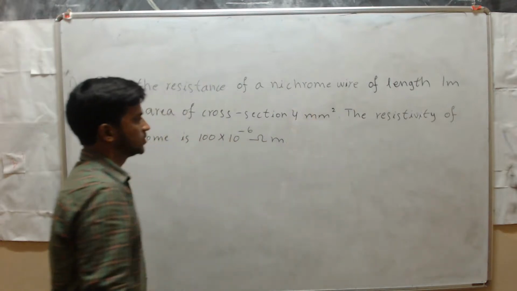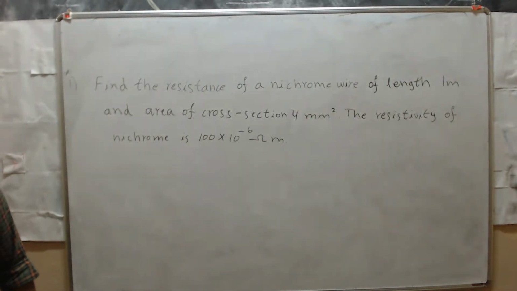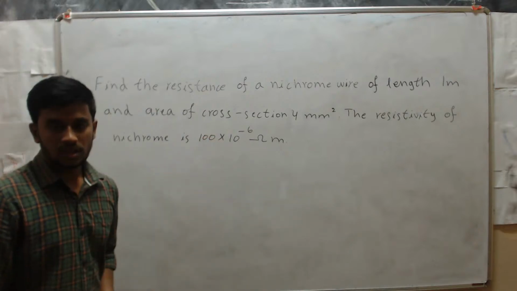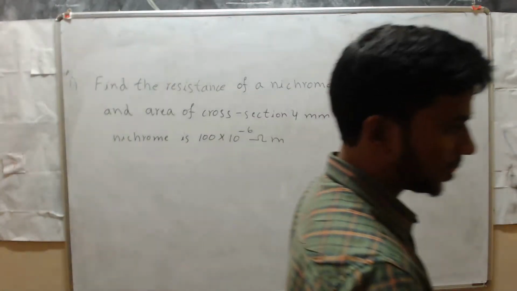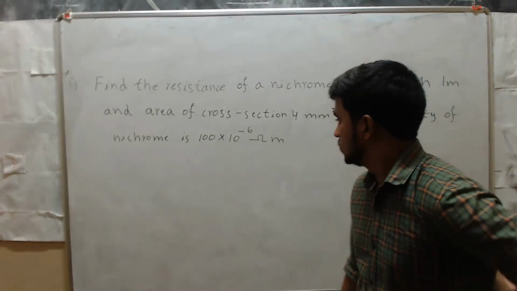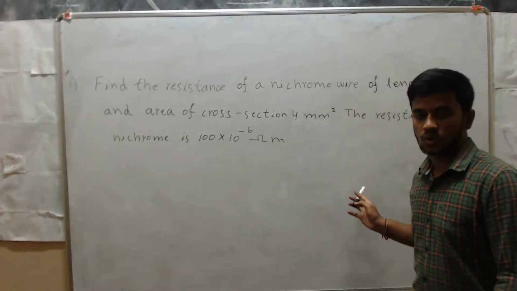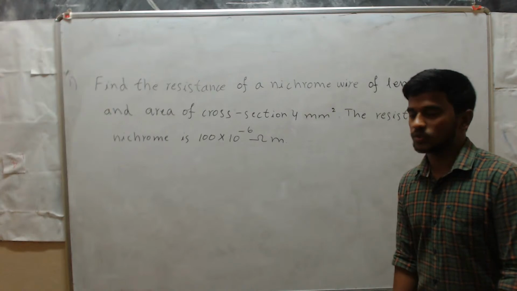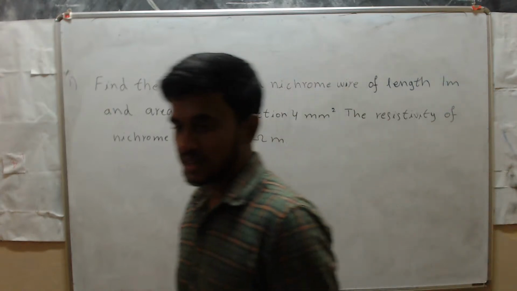And the resistivity of that nichrome wire is 100 into 10 to the power minus 6. Yes. Find the answer for this question. Very simple. When it was 2 millimeter square, you got 50 ohm. So now it is 4 millimeter square.